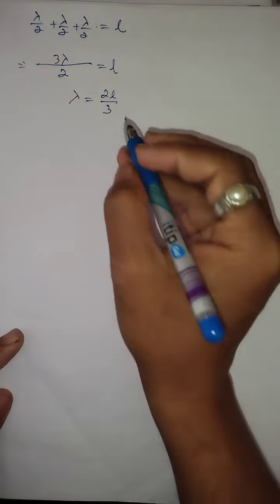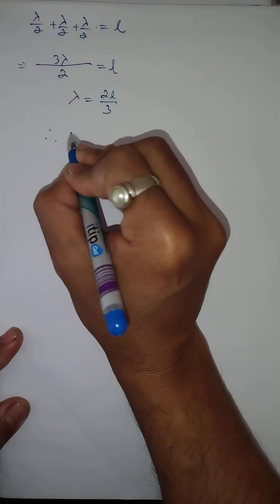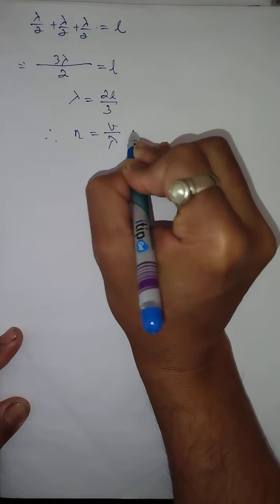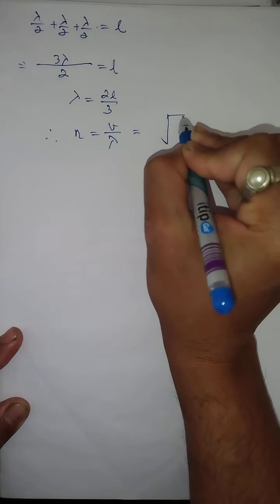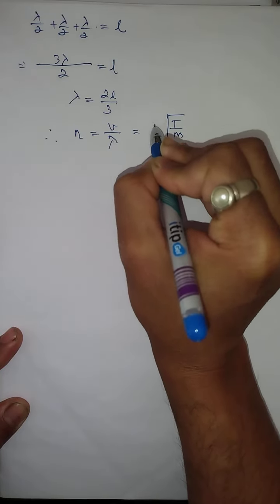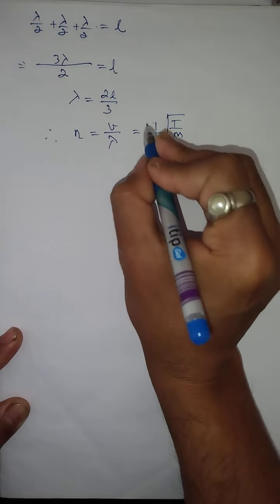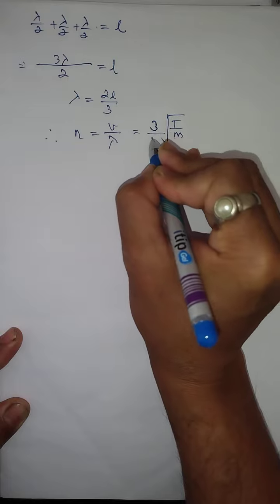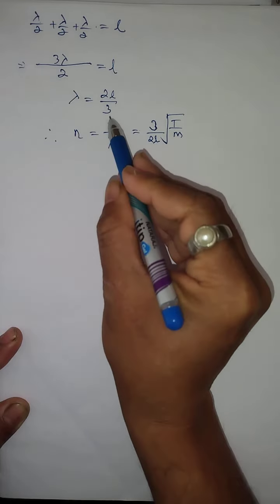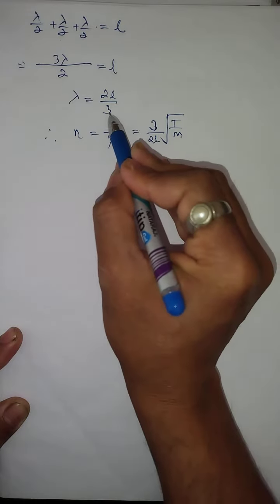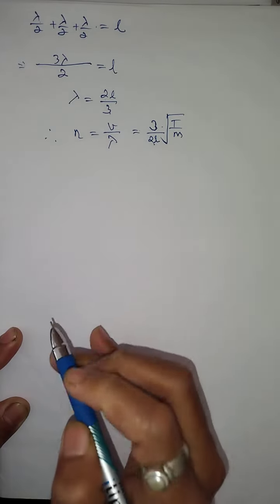So with this wavelength lambda, we can now measure the frequency. Now the frequency N equals v by lambda. Here v is the same, square root T by M. But this time the wavelength is 2L by 3. So this 3 will go in the numerator and 2L will come in the denominator, because if I divide this quantity by 2L by 3, then 3 goes in the numerator and 2L comes in the denominator.